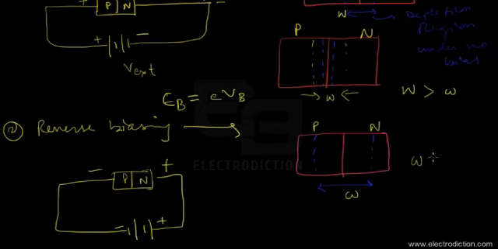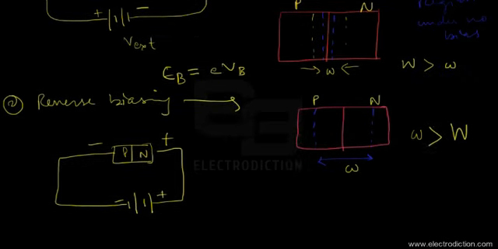Then small w will be much greater than capital W under reverse biasing conditions.